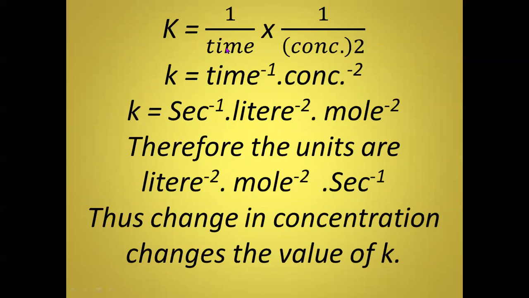1 by time can be written as time inverse, and 1 by concentration squared can be written as concentration raised to the power minus 2. The unit of time is second, and the unit of concentration is moles per liter.